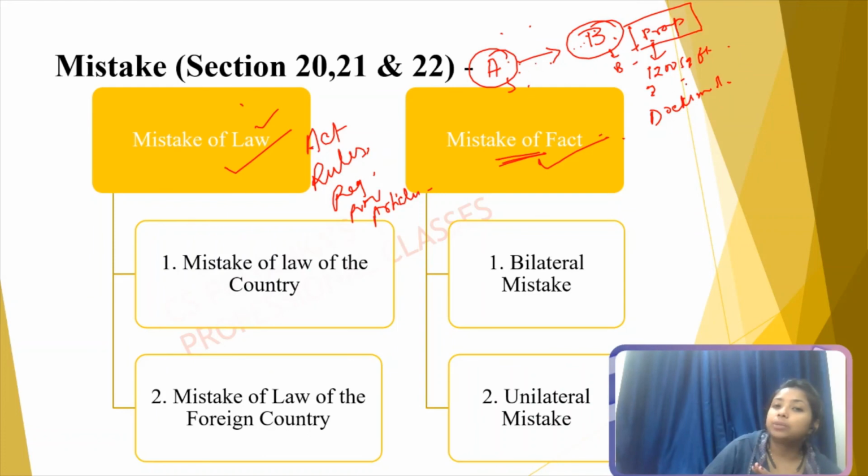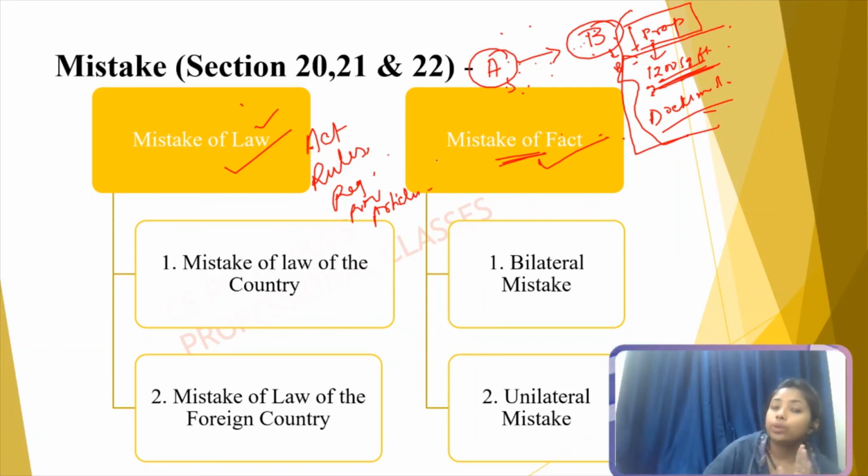Mistake of fact means A wants to sell his property or flat, whatever it is, but he is not aware of the actual facts or particulars of the property. Simply he has written 1100 square feet and so on. The actual things he is not aware of. So if they make any mistakes relating to the facts of the property or asset, we can say mistake of fact. So law is relating to acts, rules, provisions.